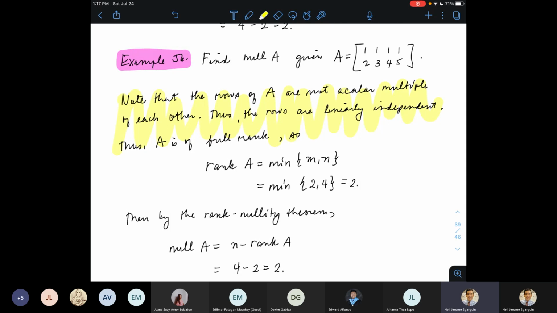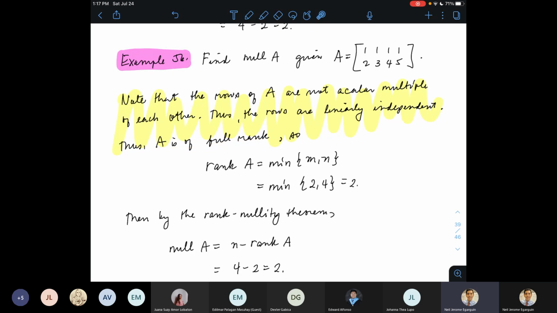Thus, the rows are linearly independent. So if the rows are linearly independent, then A is full rank. Yun ba yung nasa theorem natin? Let me check that later, but the result is correct, but I want to make sure that I stated this theorem para mag-make sense yung susunod na discussion.